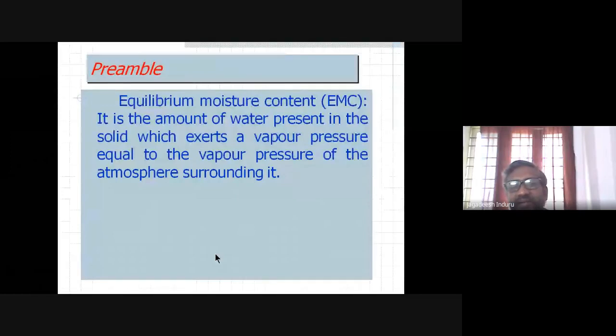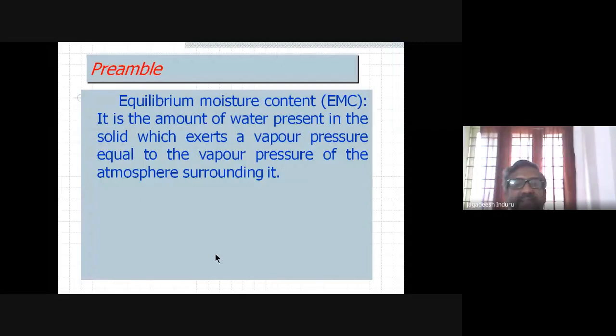But in the rainy season, your wet clothes will not get dried; it takes one or two days. Why is it happening? The vapor pressure exerted by the cloth you are keeping outside is the same as the atmospheric vapor pressure of water. The atmosphere is also full of water vapor, that is humidity. Then the water from the clothes will not go, so it will not get dried.